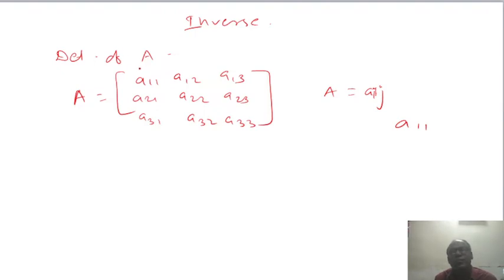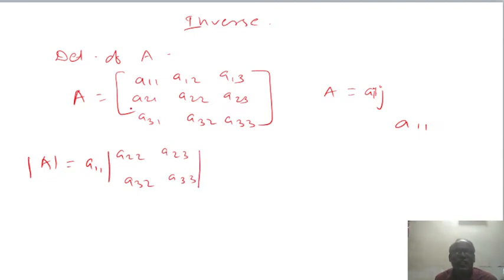Is it clear? If this is your A, then what is the determinant of A? It is denoted by this symbol. Determinant of A is equal to first A11, then first row, first column. Don't write the first row, first column. What remains? A22, A23, A32 and A33. Is it clear? Now second is minus A12. Remember this: the first sign is plus, the second is minus.